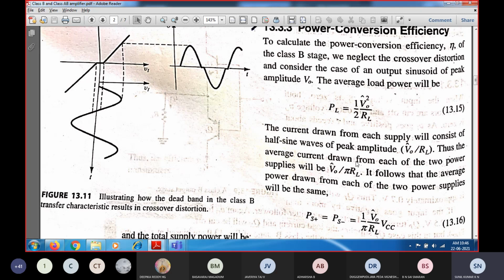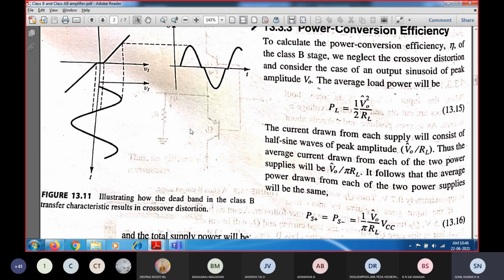This is the current expression delivered because of the positive power supply. The maximum current drawn from the power supply during the positive half cycle will be I equal to V0 peak divided by pi RL.